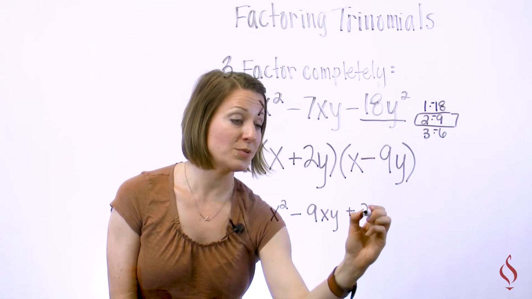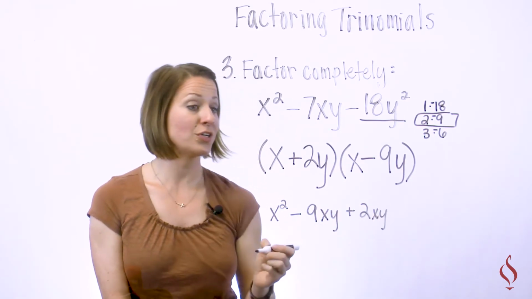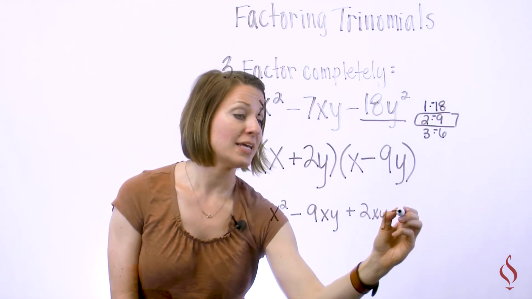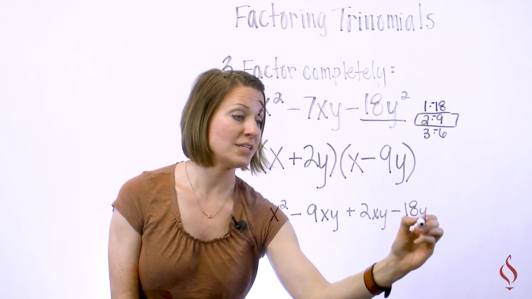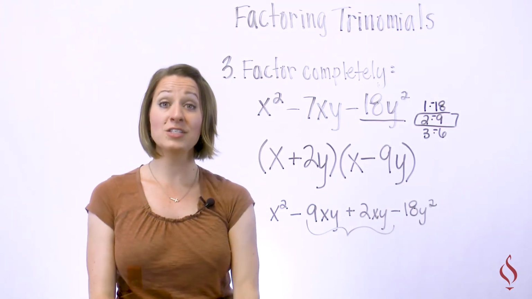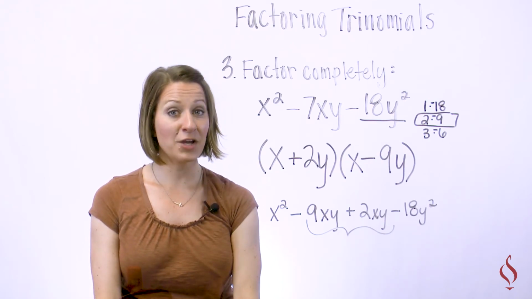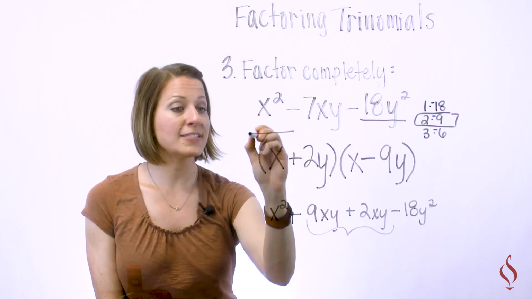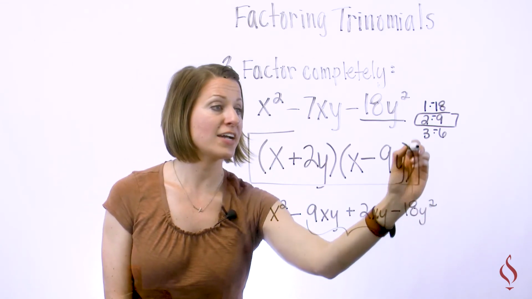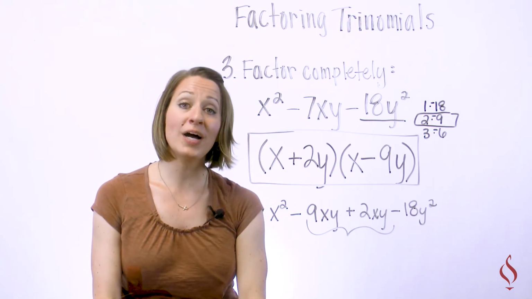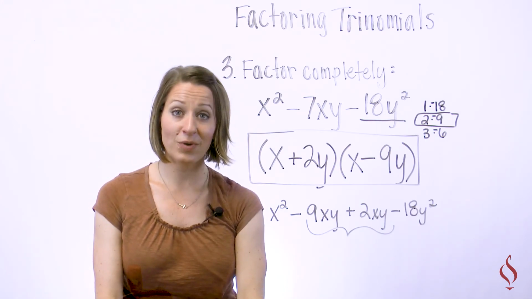That also needs to be written in alphabetical order. And then the 2y times the negative 9y, there's our negative 18y squared. And then when you add those two like terms together, that's how you get the negative 7xy. So your final answer, you have factored completely to get x plus 2y times x minus 9y.